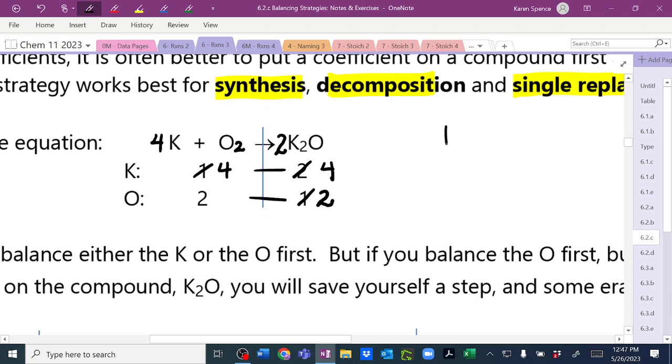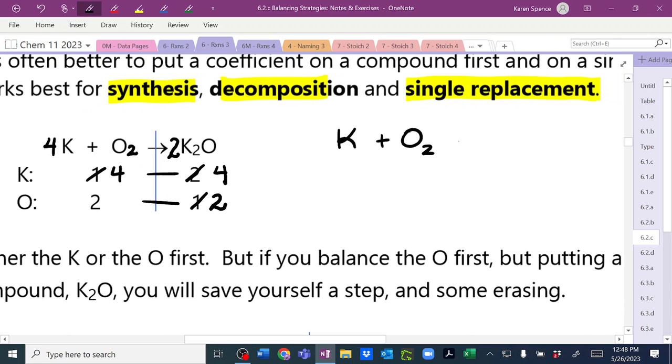Would it actually really matter too much if we did it in a different order? Probably not. Let's try it. Let's say instead of putting that 2 on the K2O, I decided to go with K first, and I have 2 on the right. Let's say I put my 2 on the left.